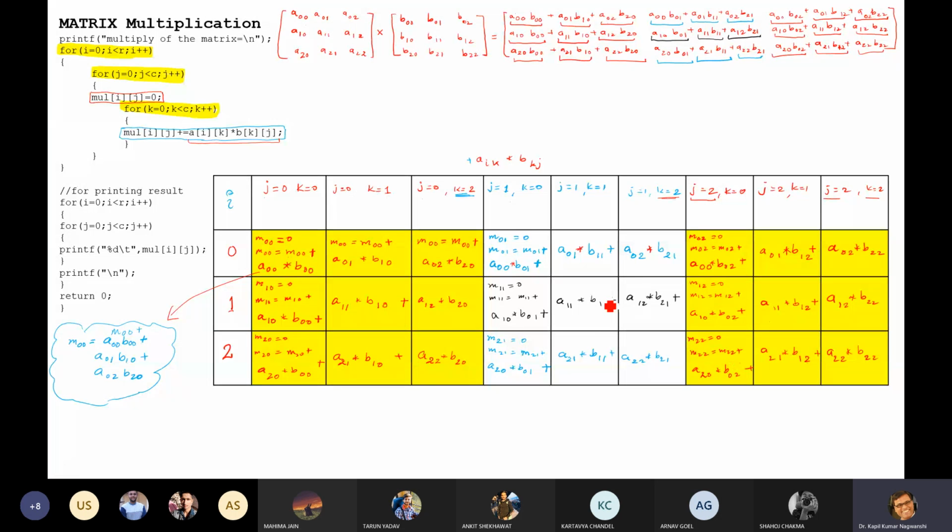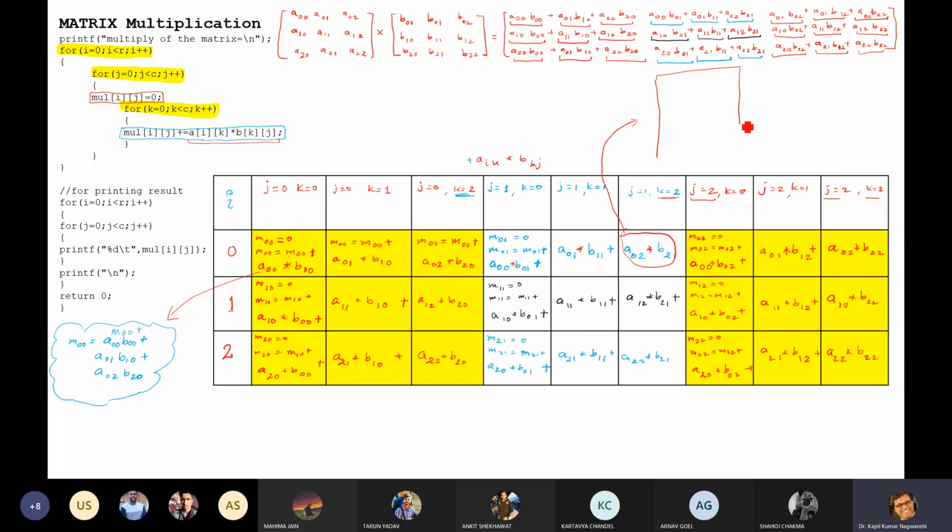So any doubt in this matrix? No, sir. How do we solve? Suppose, let me explain this particular portion, how it is going to execute. See, there are many for loops.